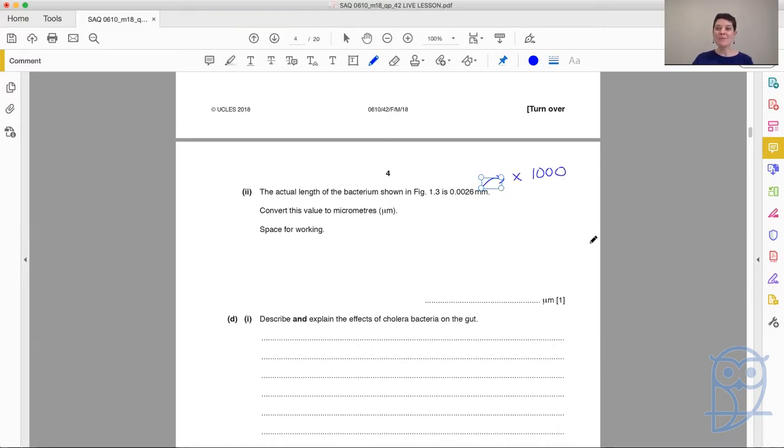That's why we always measure in millimeters, because then it's so easy to convert into micrometers. So space for working, 0.0026 times 1,000 equals 2.6 micrometers. So they've already given us the units here, so 2.6 is our final answer.